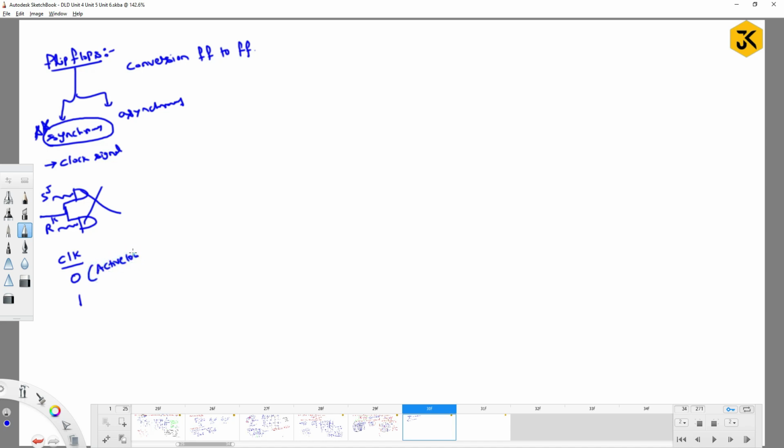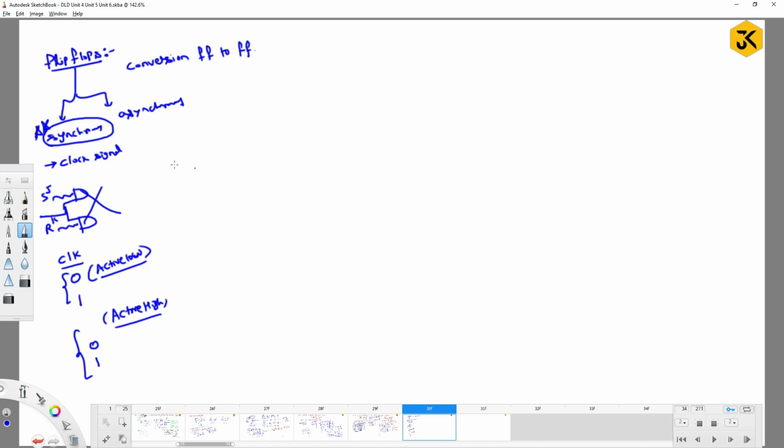You know the levels: active low and active high. In the active low situation, when it is 0 it is high, and when it is 1 it is low. Whereas in the active high situation, 0 means normal and 1 means high value. I hope you remembered all these things which we discussed in the earlier classes.